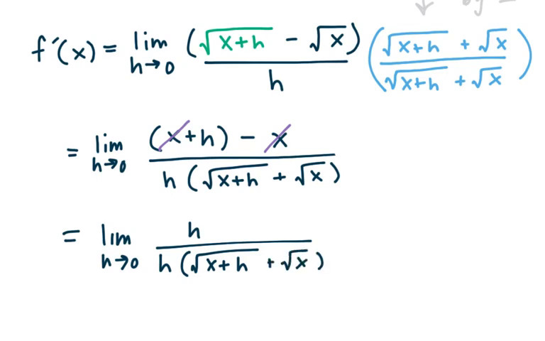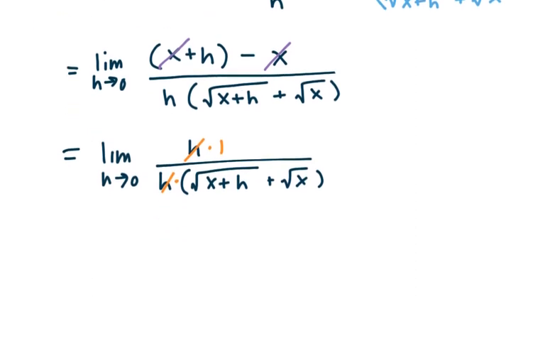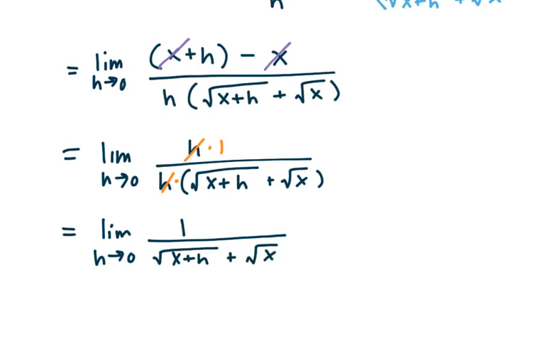And you should notice here that I have times h in the numerator, that's h times an invisible 1, and times h in the denominator. So my h's are now allowed to cancel, and this becomes the limit as h approaches 0 of 1 over the square root of x plus h plus the square root of x.